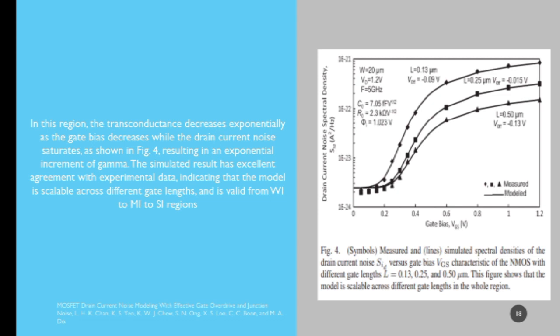In the subthreshold region, the transconductance decreases exponentially as the gate bias decreases while the drain current noise saturates, resulting in an exponential increment of thermal noise excess factor. The simulated result has excellent agreement with experimental data, indicating that the model is scalable across different gate lengths and is valid from WI to MI to SI regions.